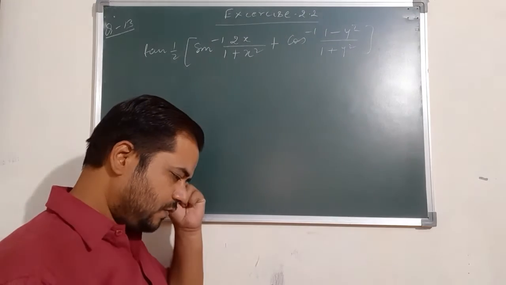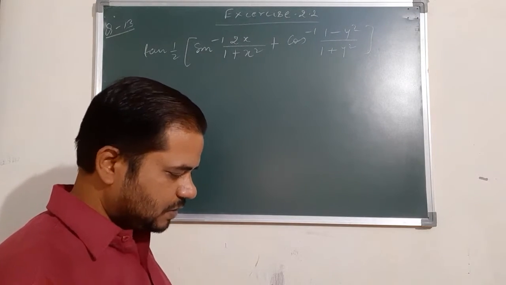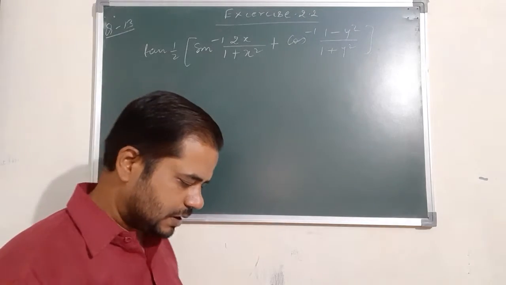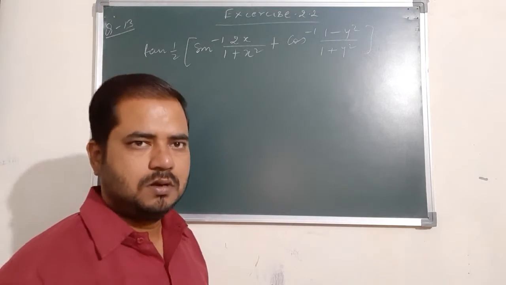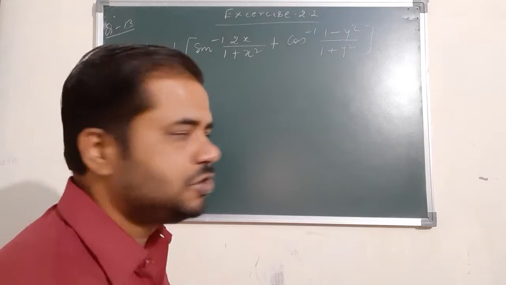Find the values of each of the following, where mod x is less than 1, y is greater than 0, xy is less than 1. So we have to solve this particular question.